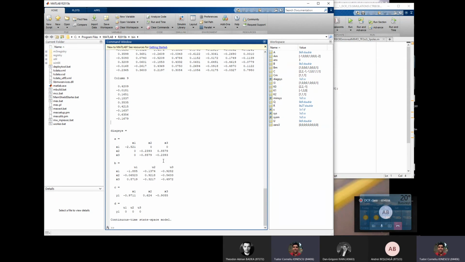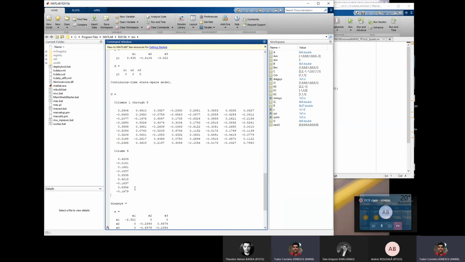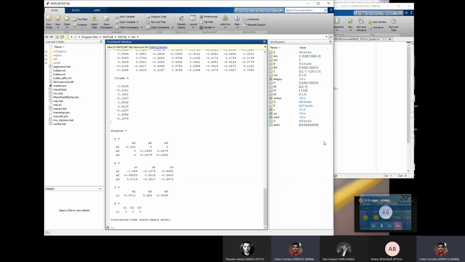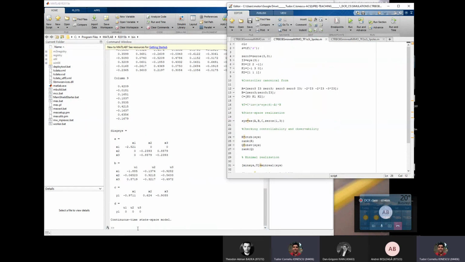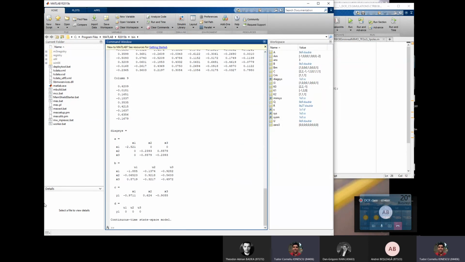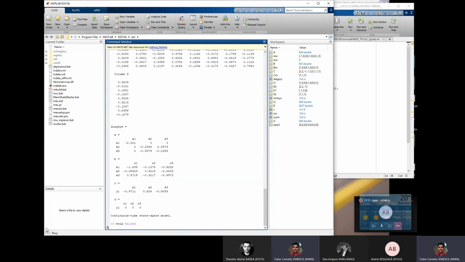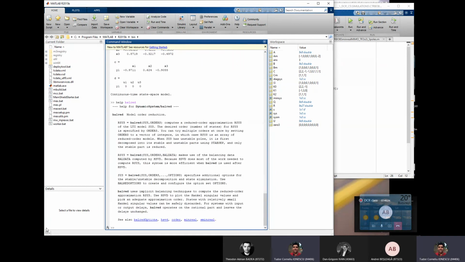And we have it in a diagonal form, so we can use diag of min sys. And we need to reduce this. Let's see what types of commands we have with balancing. So balred, I remember it's one of the commands. You see, balred, and here you need to put an order.